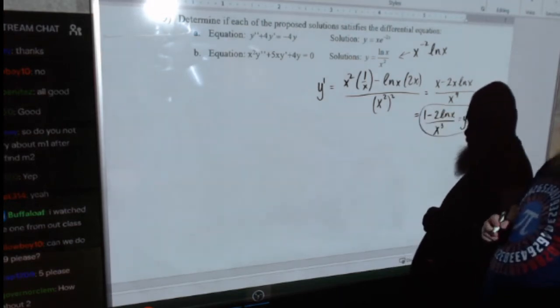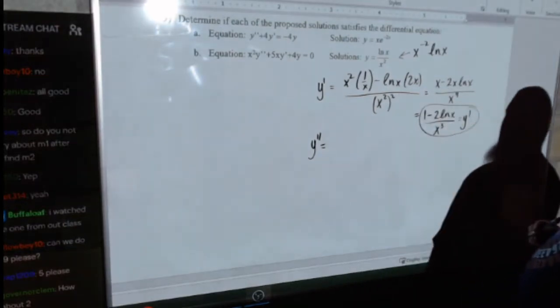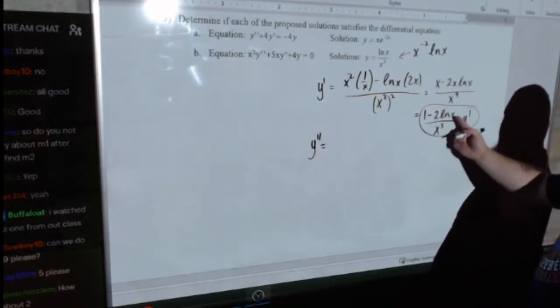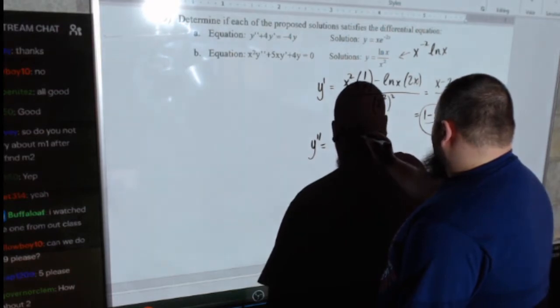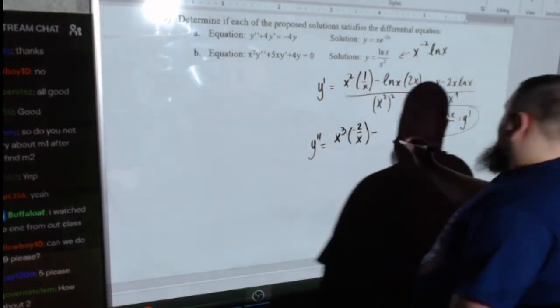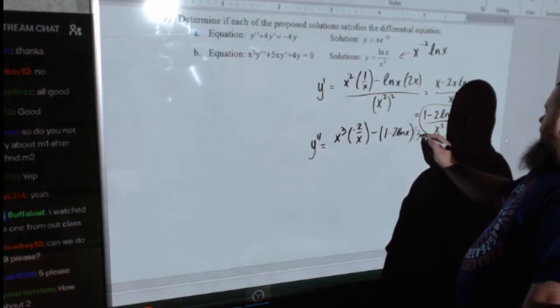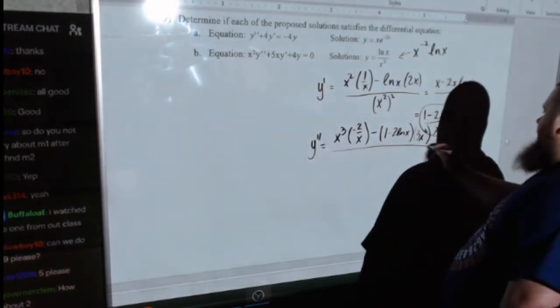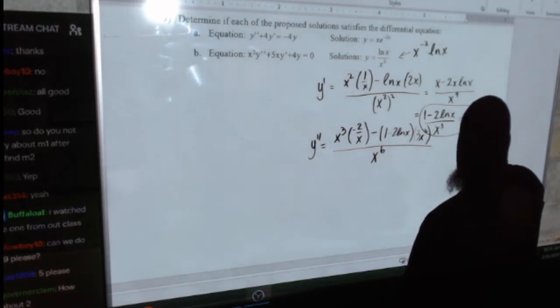Then we would need y double prime. So again, low times d high minus high times d low all over low squared. Let's see.